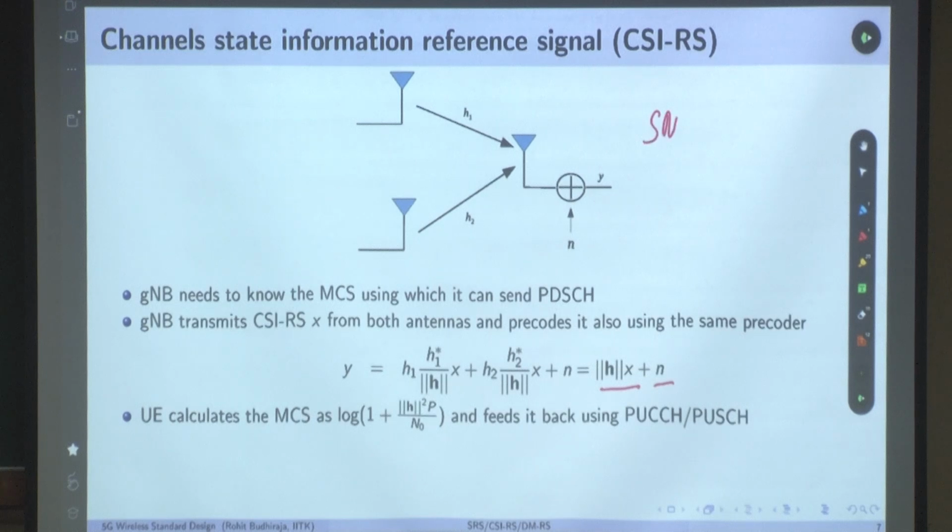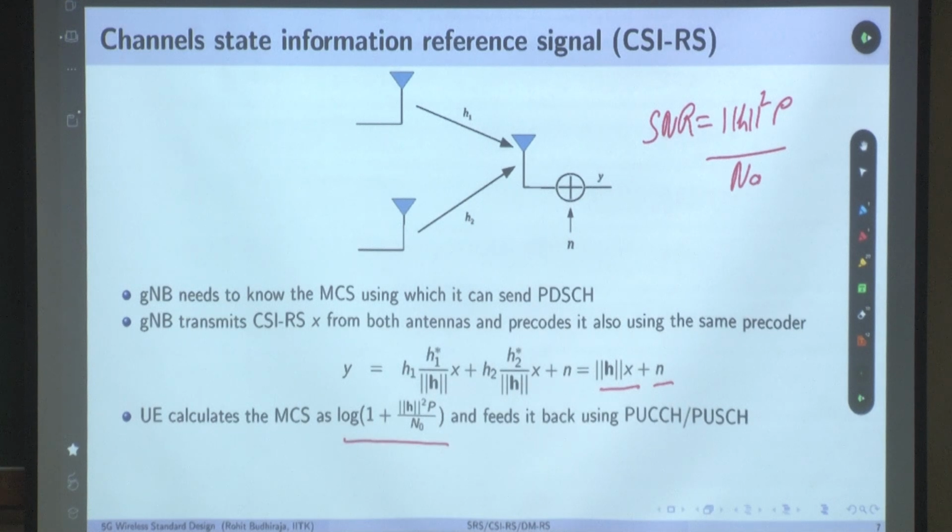What will the SNR be? H square P, and what will the noise power be? Now, if it knows this SNR, how will it calculate the MCS? Log of 1 plus SNR, right.